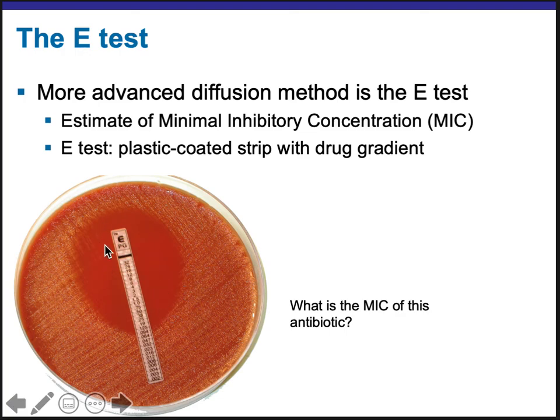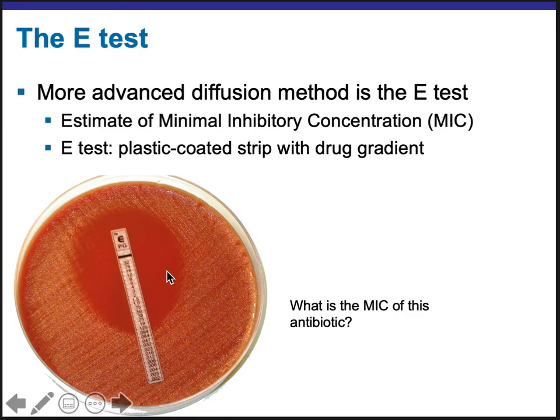Okay, and so this gives you a much better idea of what the minimum concentration of the drug is that will give you inhibition. Okay, so the MIC is minimal inhibitory concentration. That's the lowest concentration of the drug that inhibits growth of the bacteria. Again, you're working with a lawn of bacteria.